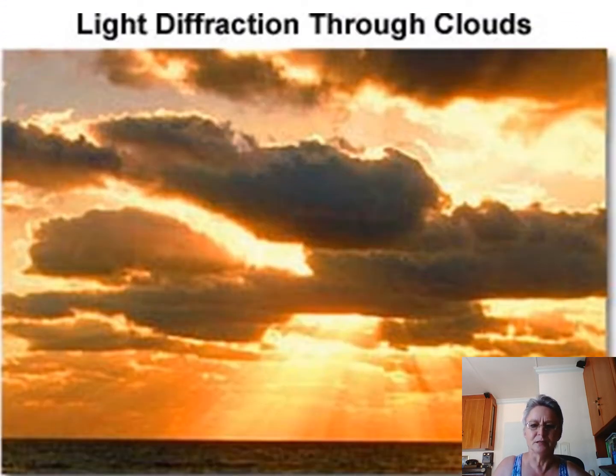You wouldn't believe your ears now, but when the sun shines through the clouds, there are gaps in the clouds, and you see dark lines and light lines in the sky. Now, I also grew up thinking that these light and dark lines are due to the shadows cast by the clouds, but they're not.